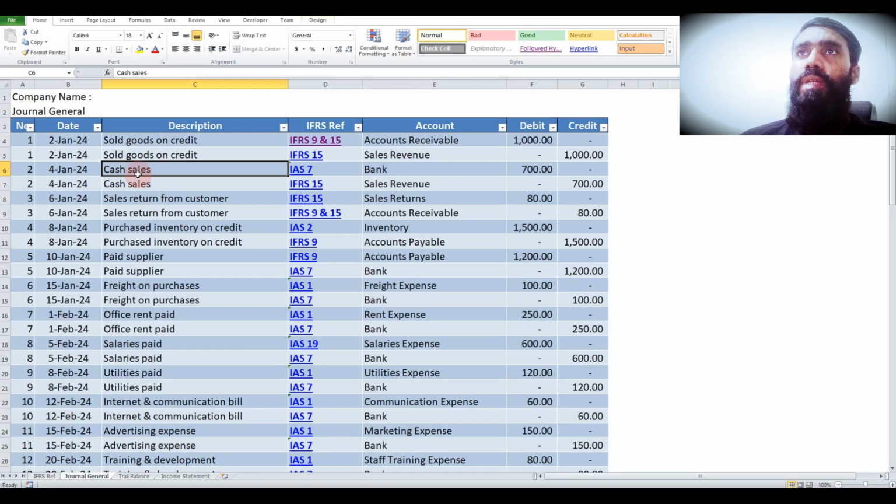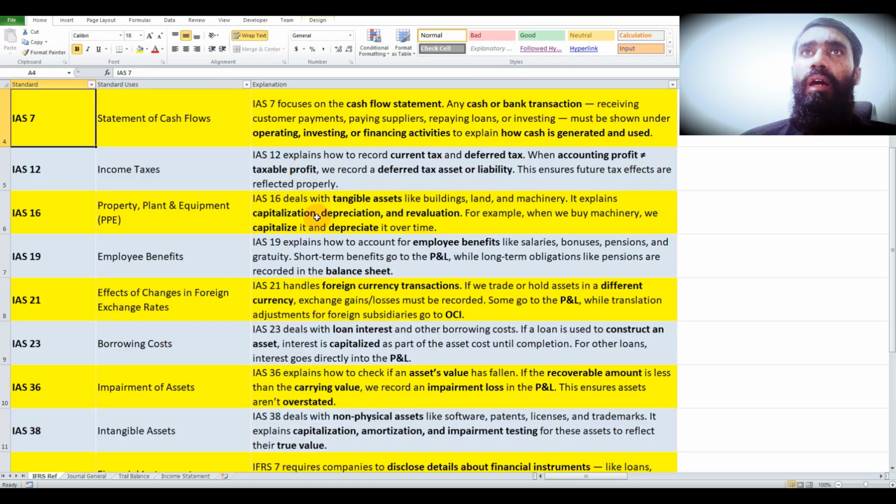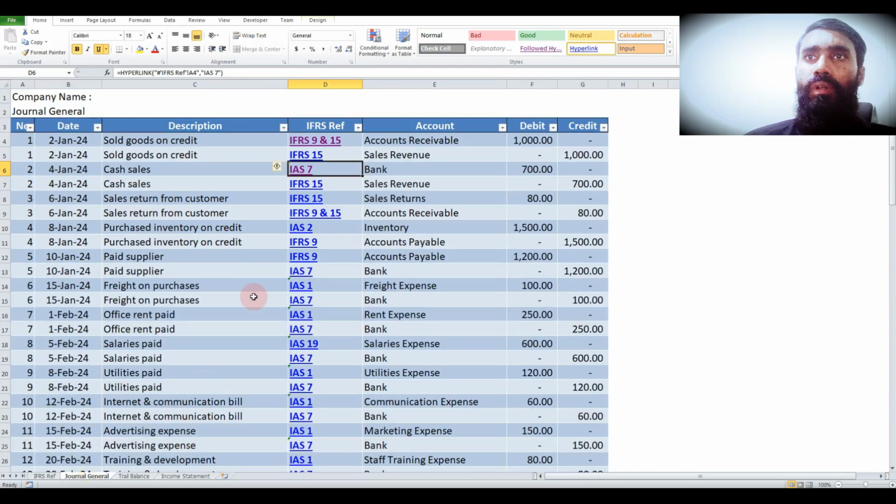Now the second entry I have passed, cash sale under IAS 7, the statement of cash flow. Cash flow statement: any cash or bank transaction, receiving customer payments, paying suppliers, repaying loans, or investing must be shown under operating, investing, or financing activities to explain how cash is generated and used.